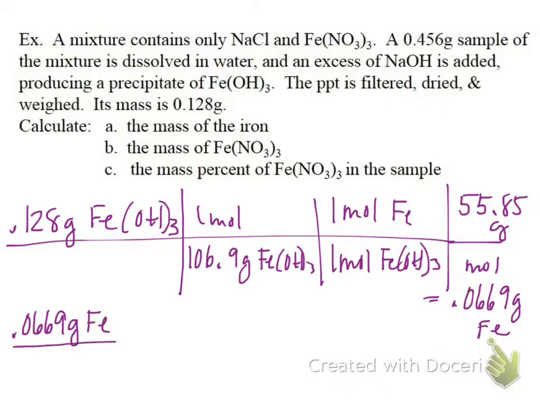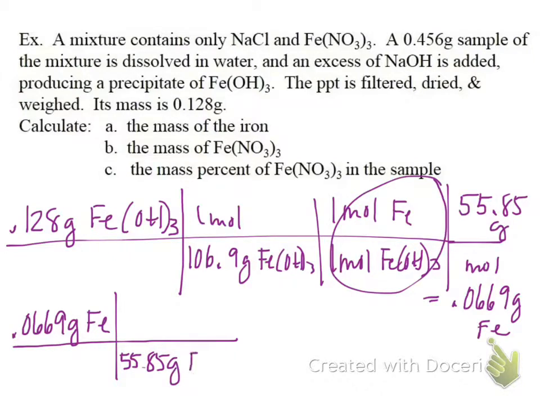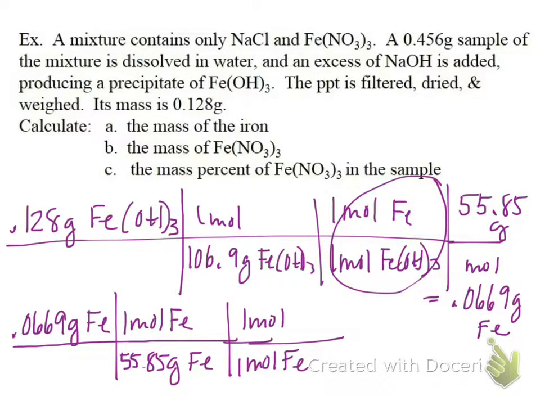We probably could have stopped at this mole ratio here, but I wanted y'all to see the process. We would divide by the molar mass of iron to get it back into moles. But again, you could have done this all as one step if you wanted. And say 1 mole. And then for every 1 mole of iron, we can make 1 mole of iron(III) nitrate.